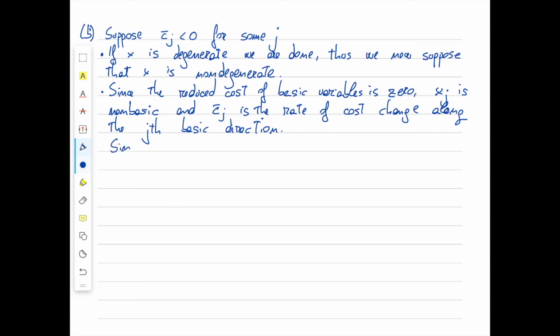So since x is non-degenerate, the jth basic direction is a feasible direction.